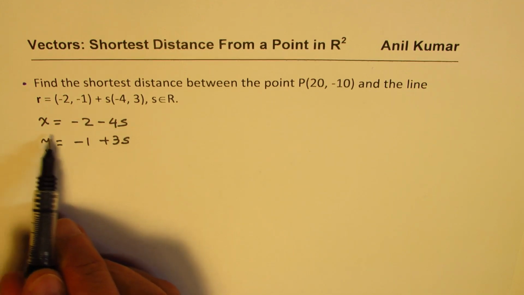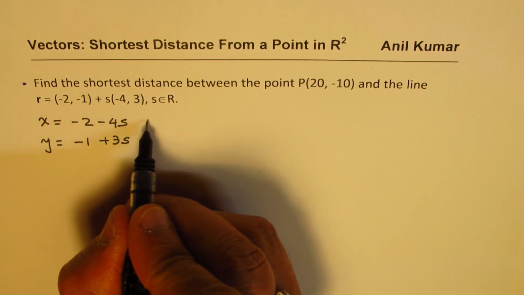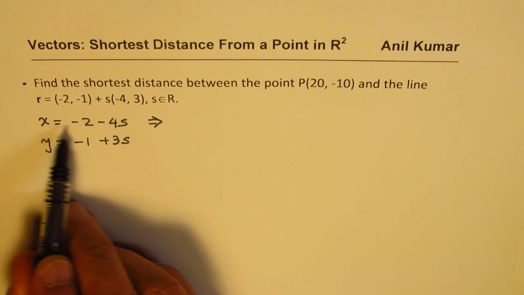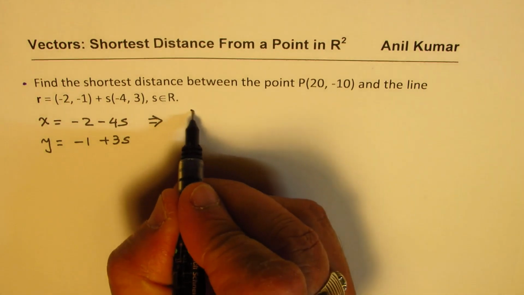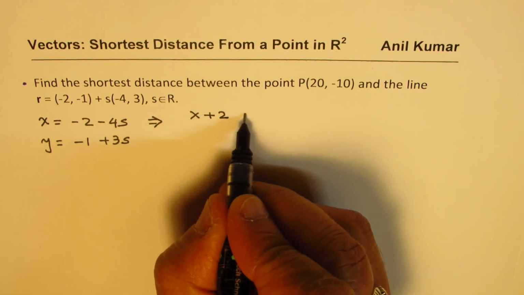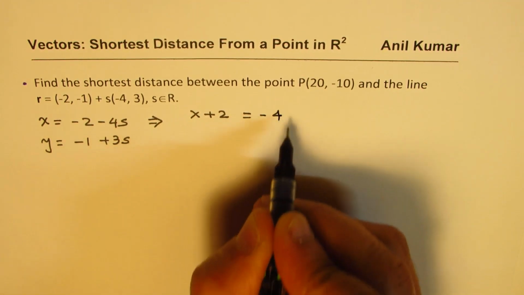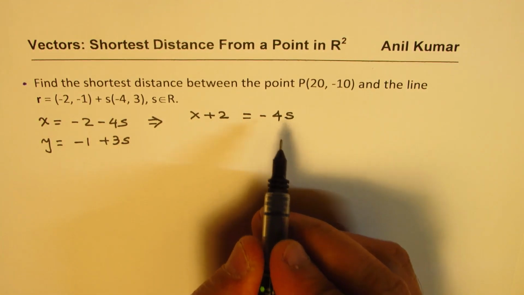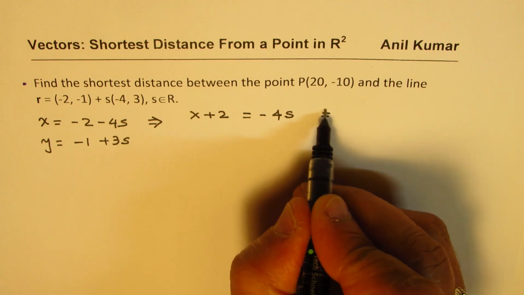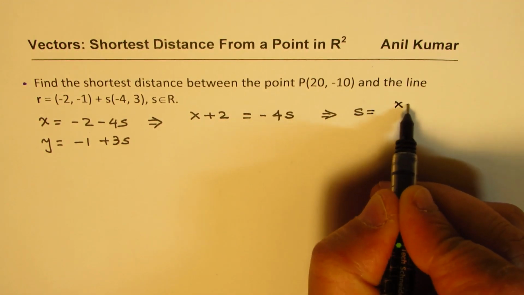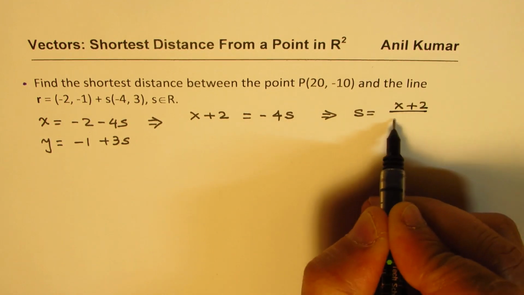So if I rearrange the x value, see what the s could be here. So if I rearrange this, what do I get? I get x plus 2 equals to minus 4s, and from here I could actually get s as equal to x plus 2 over minus 4.